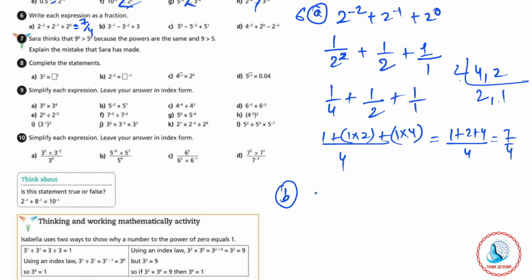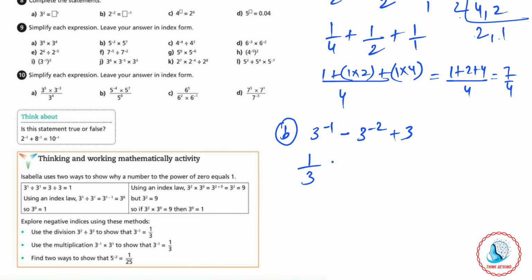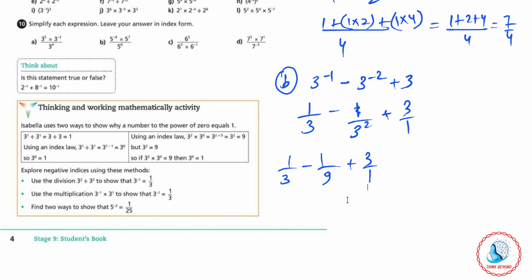It says 3 raised to power minus 1 minus 3 raised to power minus 2 plus 3. Now solve it. It is 1 over 3 minus 1 over 3 square plus 3 over 1. So 1 over 3 minus 3 square is 9 plus 3 over 1. So the LCM is 9, right? You can write like this. Let me write it here. The LCM is 9.